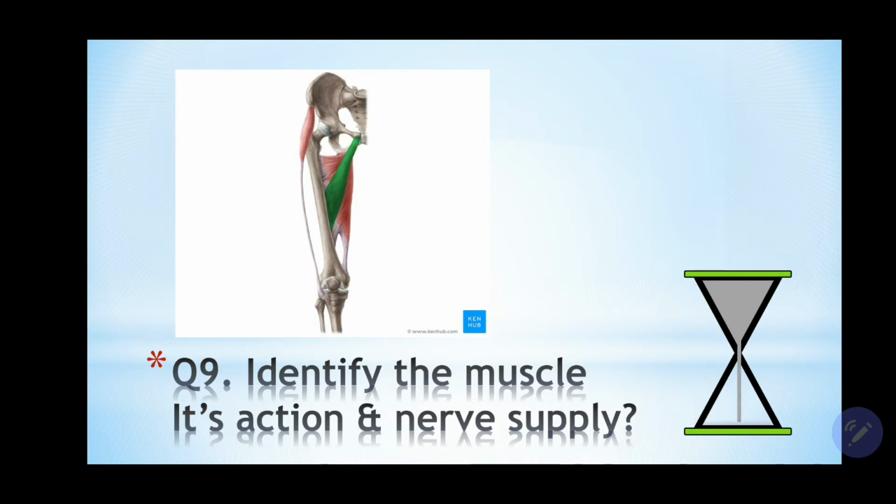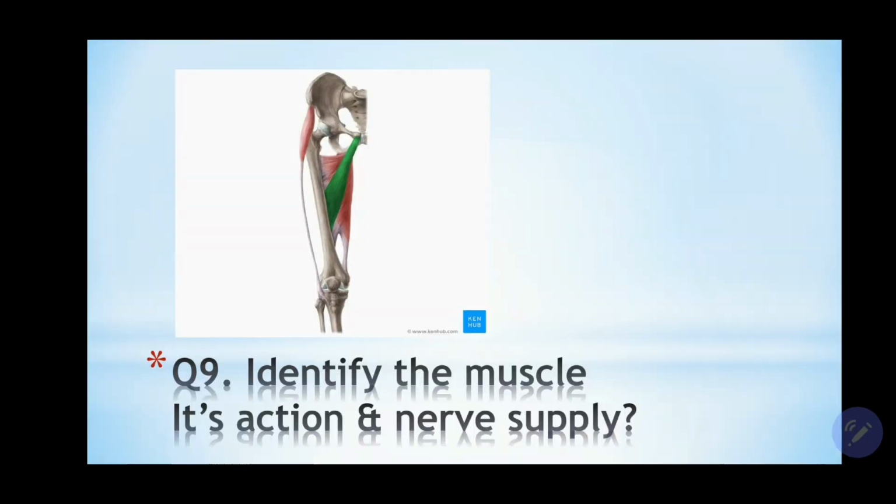Identify the muscle, its action and nerve supply. I think I've already told you about this muscle. Yes, this muscle is in the same vertical alignment at the point of insertion with Pectineus.